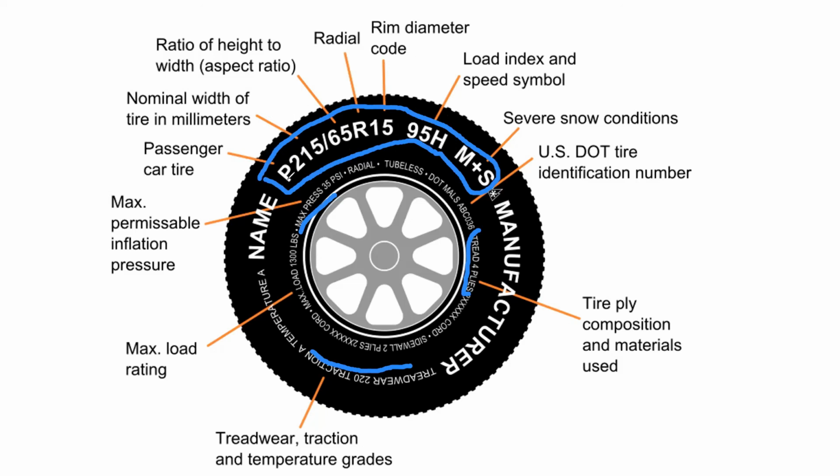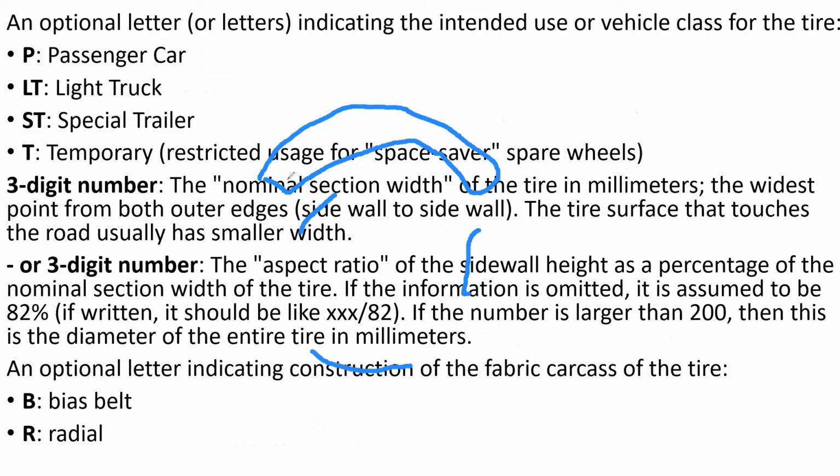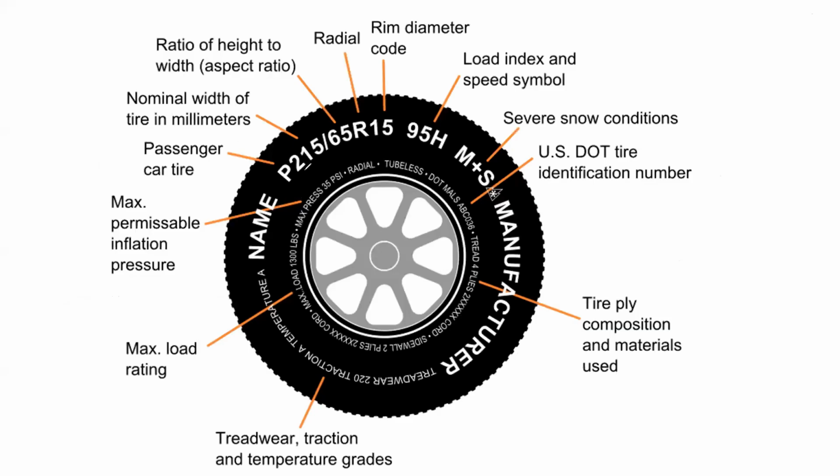So P means passenger, right? If we move to here, right? So that part, right? So P means passenger vehicle, LT means light truck, ST means special trailer, T means temporary. Temporary means the space saver spare wheels, right? And the three-digit number, this one over here, right?